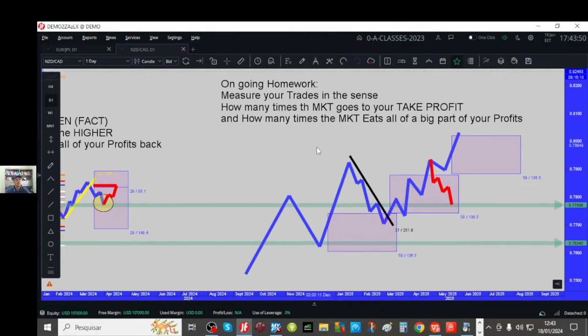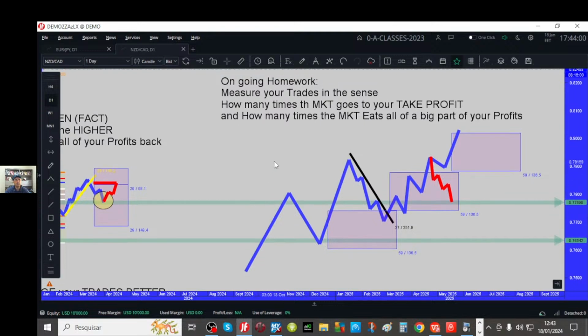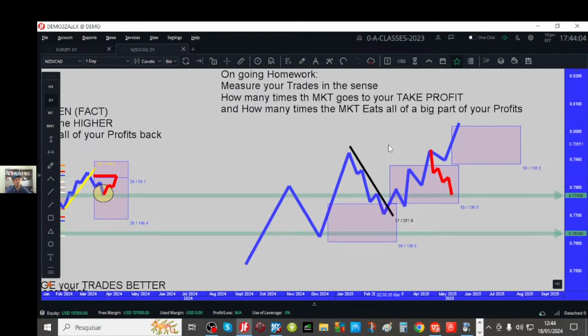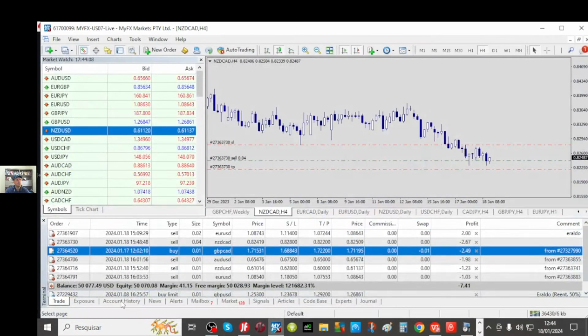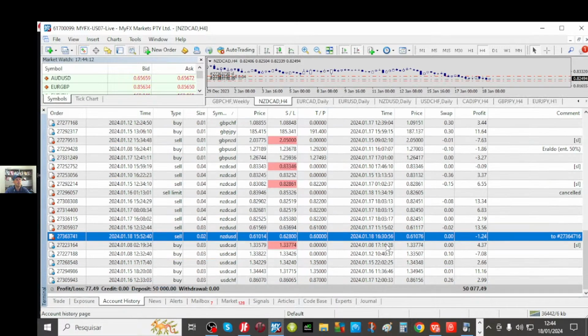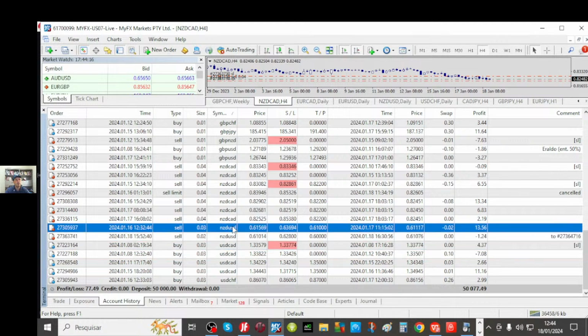Make sense, everybody? You can measure this. Boss, how do I measure? Once it's Friday and the market is closed, or Saturday or Sunday, you go to your account and check one by one.